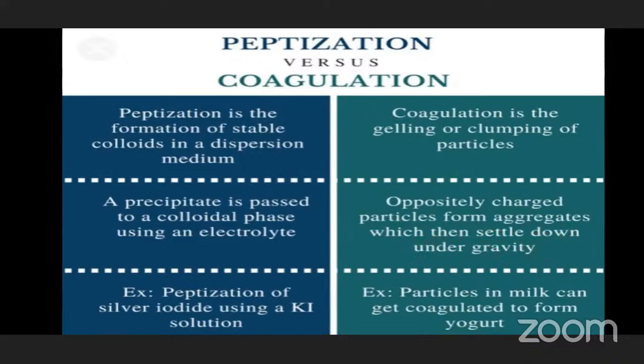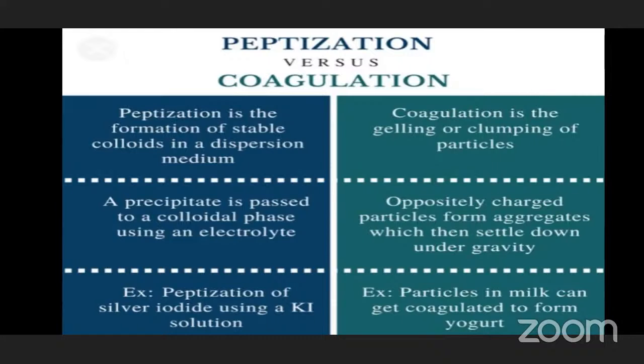Actually, coagulation is formed by oppositely charged particles under the influence of gravity. There is no gravity role in peptidization, but gravity plays an important role in the coagulation process.